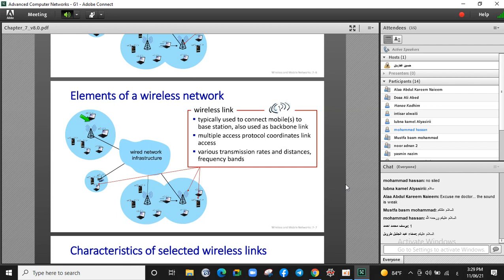We use several different technologies, different physical properties, when we work at different distances from a base station. Maybe we use different frequency bands, different technology. So it's not an easy topic.